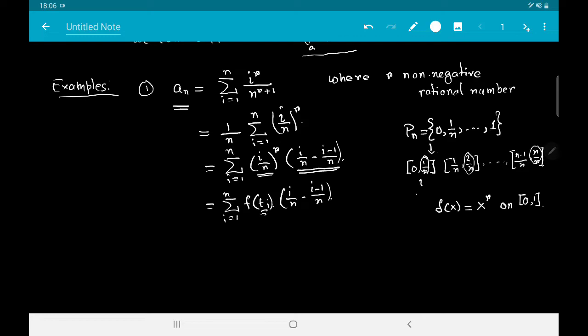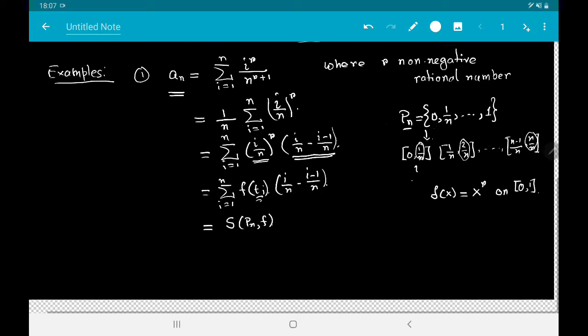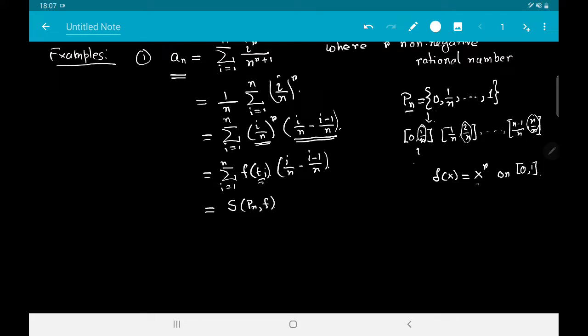Having done all this work, we can see that this is nothing but S(P_n, f), where P_n is the partition which divides the closed interval into n equal parts, the tag set is given by taking the rightmost point of each subinterval, and f(x) is the function x to the power r.